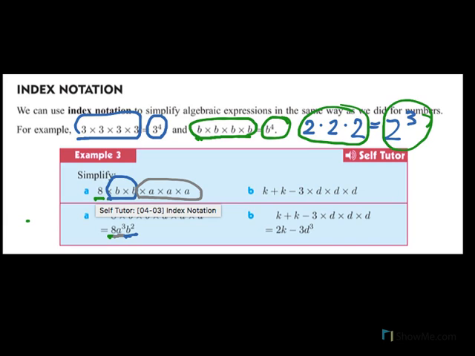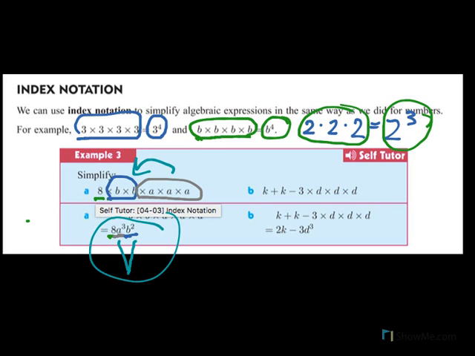And if you notice, we always put the a in front of the b. You may wonder why they've switched the a in front of the b. It's because it's alphabetical order. So when we're writing this out, we always put the first letter first.